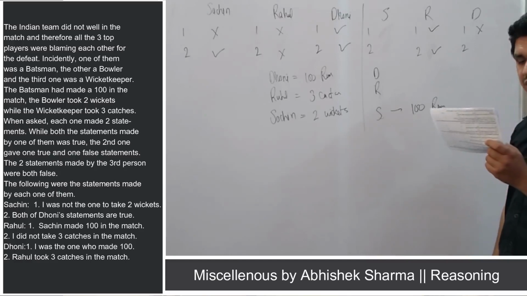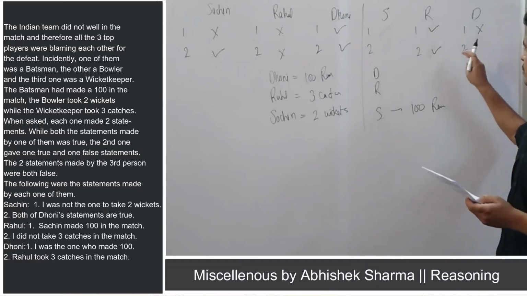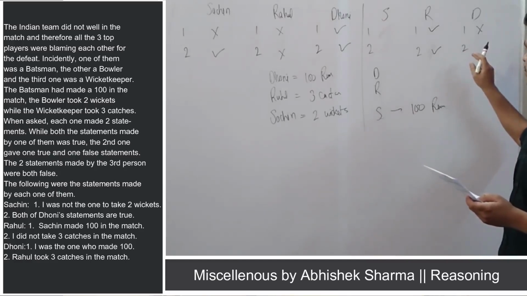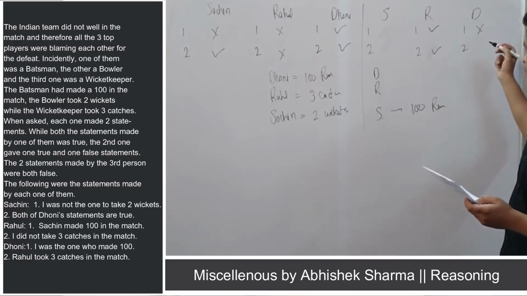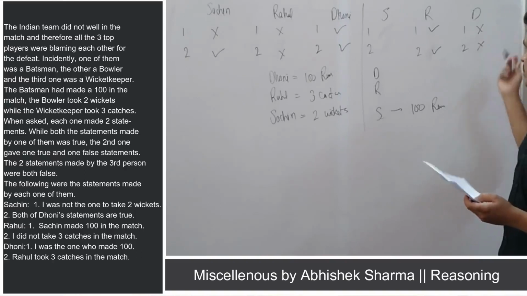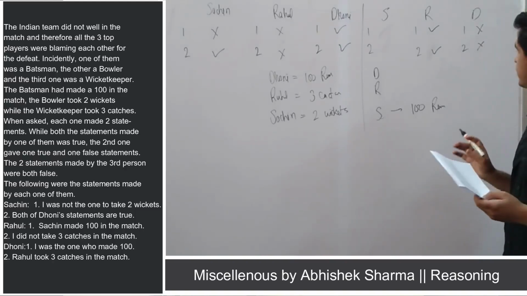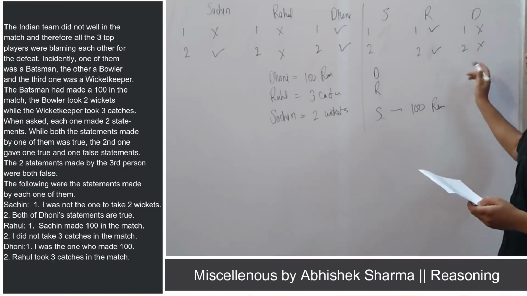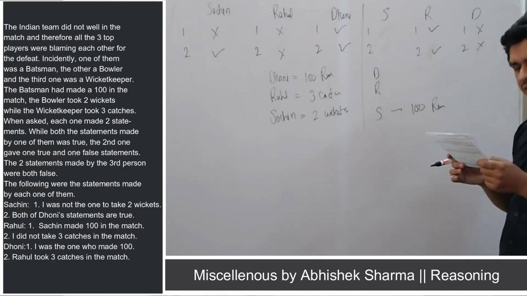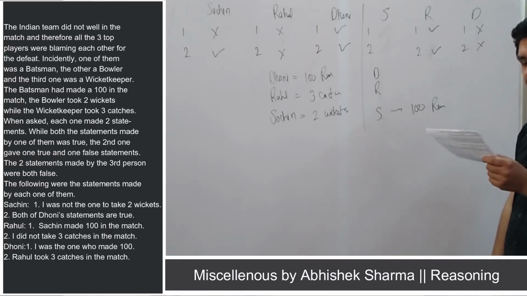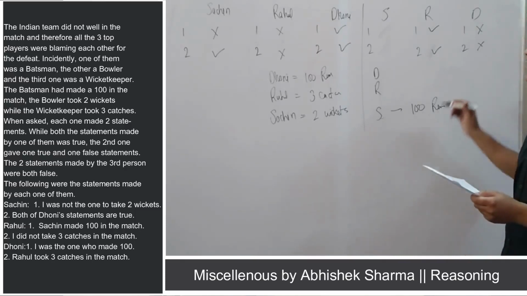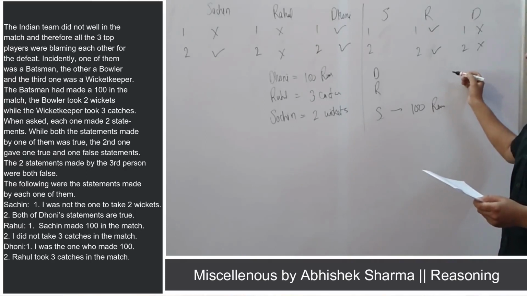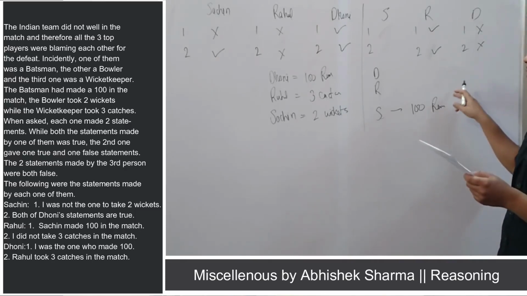And Rahul took 3 catches. This statement should be wrong, because Rahul did not take 3 catches. And if we check the first statement of Sachin, I was not the one who took 2 wickets, Sachin is saying I was not the one.